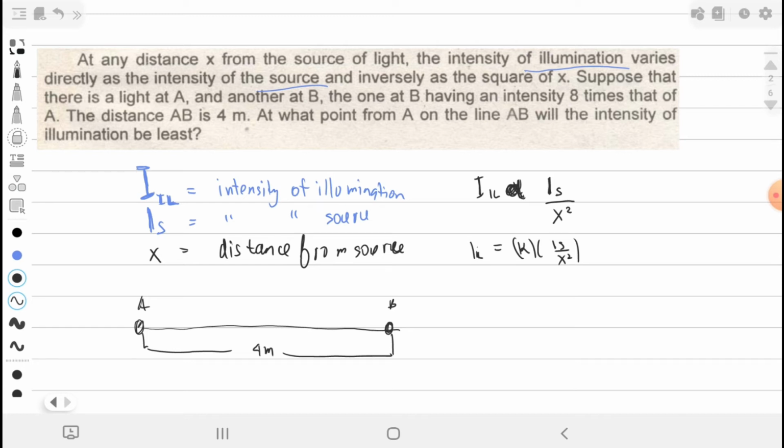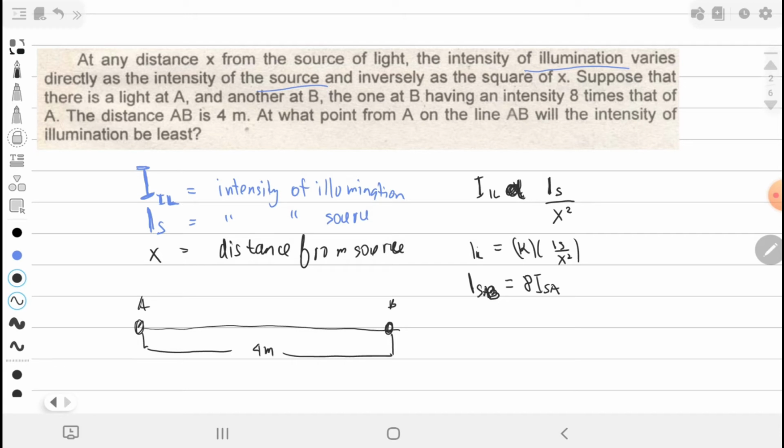So, this 8 times, the one at B having 8 times that of A. So, our I source of B is equal to 8 times our I source of A.